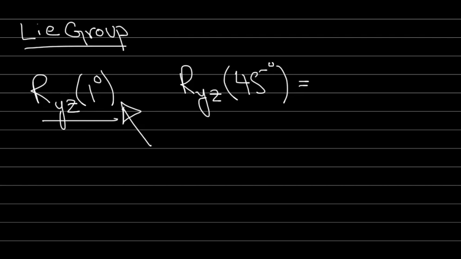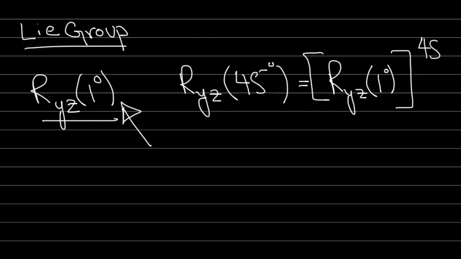And how you can do that is you take this R_YZ of 1 degree and you apply this operator 45 times, so that is to the power 45. Each time it will perform a rotation of 1 degree, and it will do this 45 times, and so eventually you will end up with a rotation of 45 degrees.